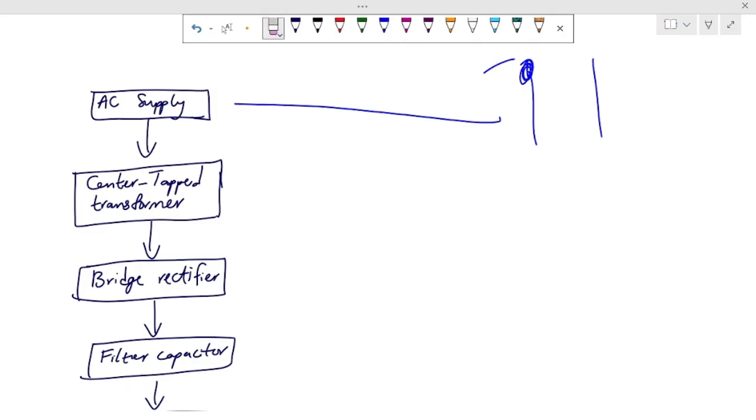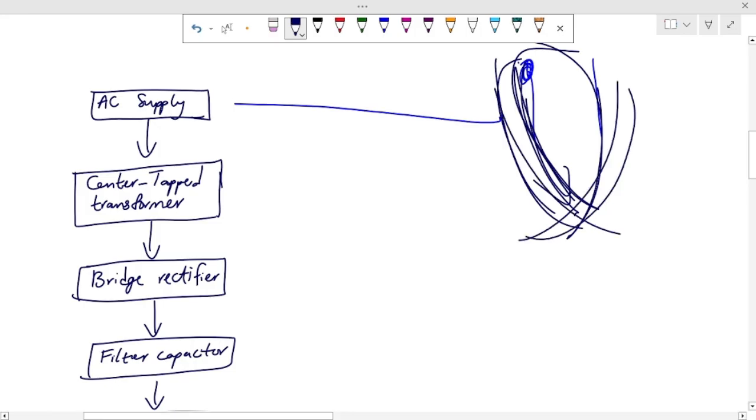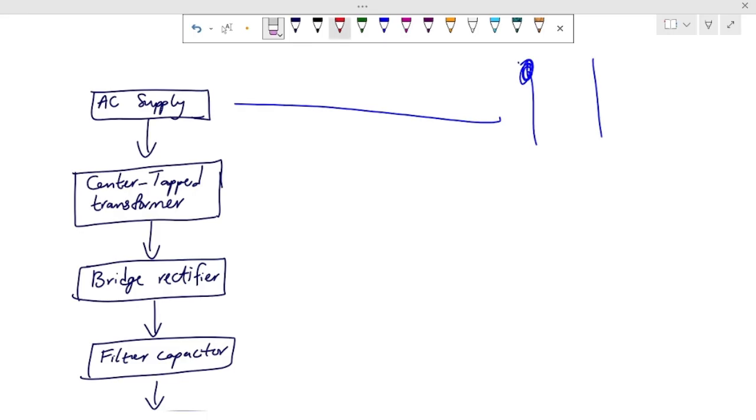AC is alternating. So at some time, the current electrons will flow like this, and they will flow back. The current is alternating. So you can't really say, oh, this side is positive, this side is negative. No. At some point, this one acts as positive, this one acts as negative.